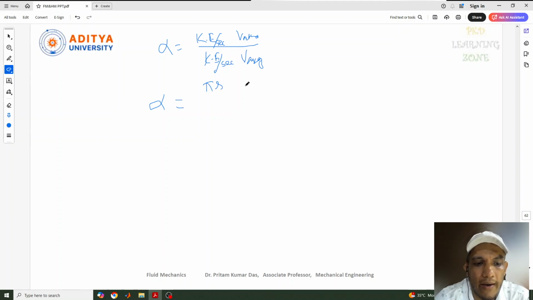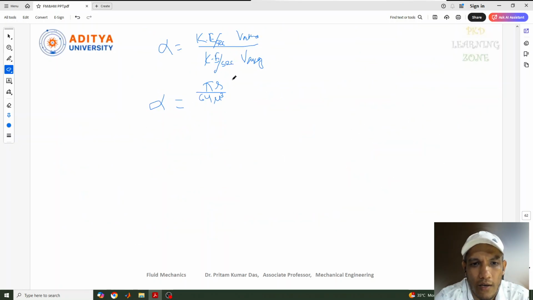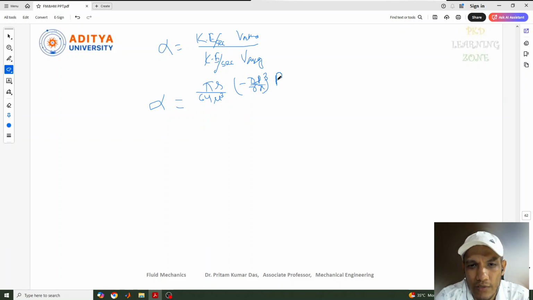Rho pi by 64 mu q, del p by del x whole q, and r to the power 8 by 8. So this is the actual value, and the average value we got here is pi rho.